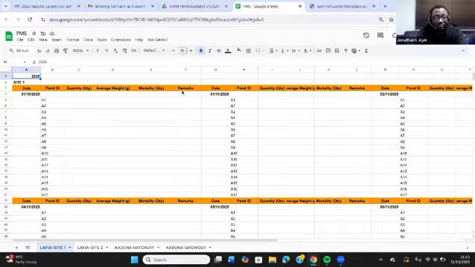If you go below there, you can see that we have all the sites in our farm. That's the Lafayette farm.